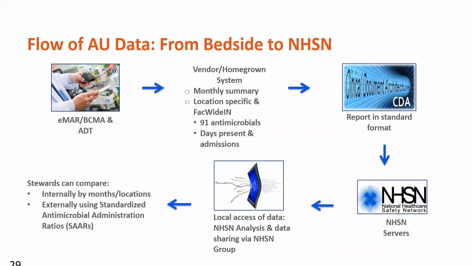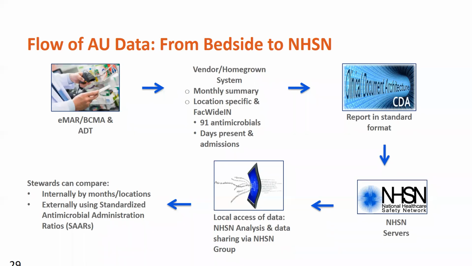Then as soon as they're uploaded into NHSN, you as the user are able to see those data via the NHSN analysis function. And if your facility is part of any groups within NHSN, so a lot of health departments have groups, some large corporations have groups, or quality improvement networks, pretty much there's all sorts of different groups you can have in NHSN.